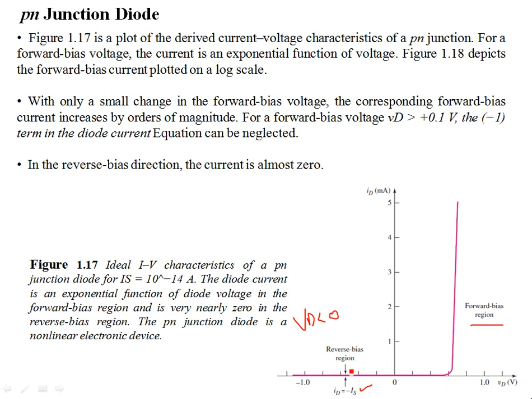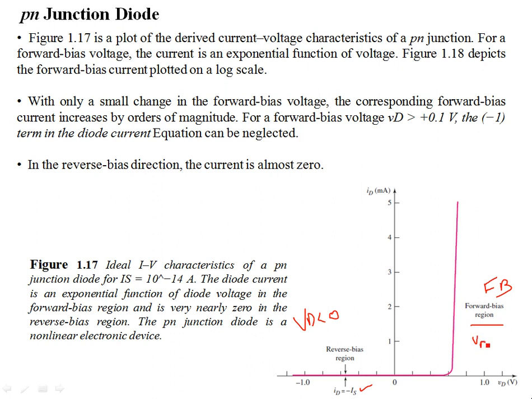There could be, for example, generation of some charges across the space charge region, but even then, it's so small that we can neglect this. Ideally, you can assume zero diode current across the junction when the battery terminals are such that the diode is reverse biased. In the forward bias region, you can have a significant current which is exponential.